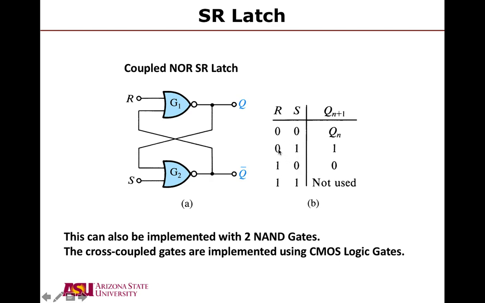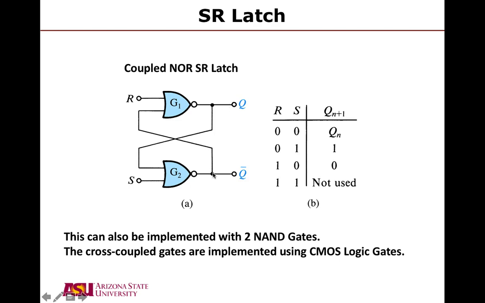So reset R is 0 and set is 1, S is 1. Because it's a NOR function, when the S is 1, automatically this NOR function will give you a 0 at its output. It doesn't matter what the other input is, because we have 1 at one of the inputs and it's a NOR. We are going to get Q bar as 0, and that means Q should be 1.